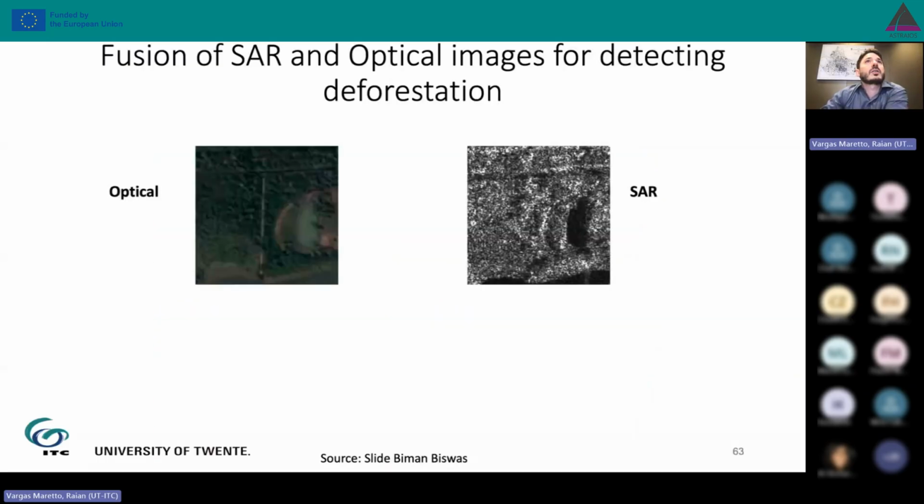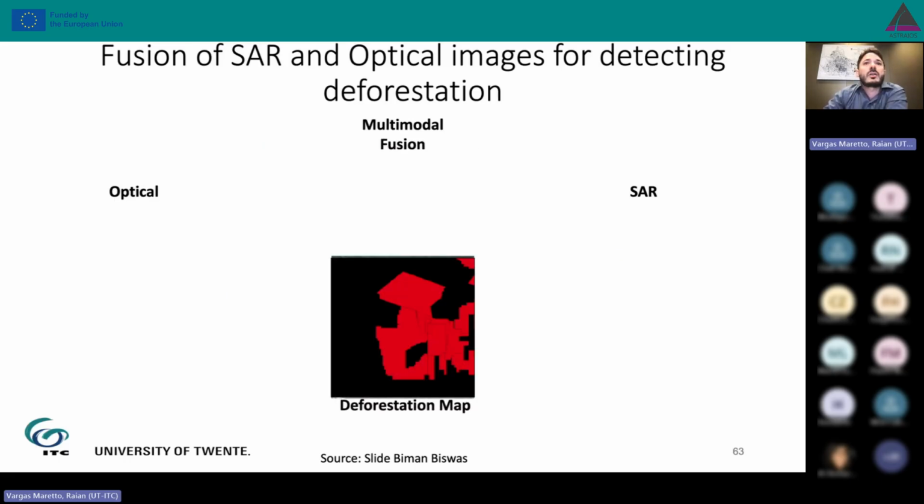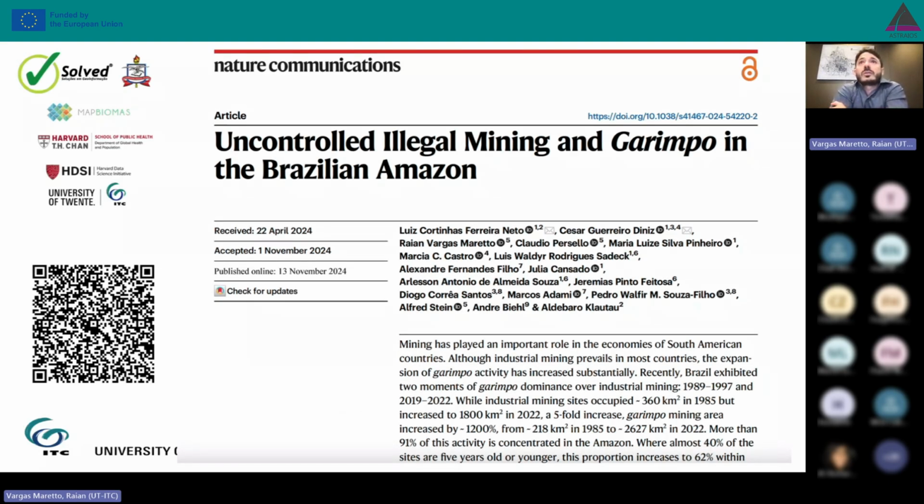So I will just mention other applications that we have worked on. We have also worked on the fusion of SAR and optical for producing deforestation maps in several MSc theses and other projects. This is another example that I will not go into in detail. This paper we produced on mapping illegal mining for the whole of Brazil, with a bigger focus on the Amazon, because that is where the largest amount of illegal mining happens in Brazil.